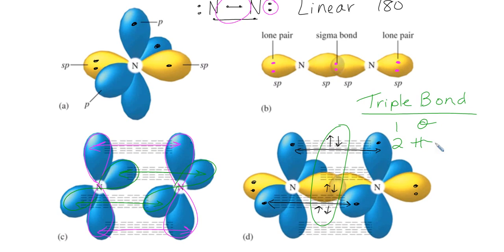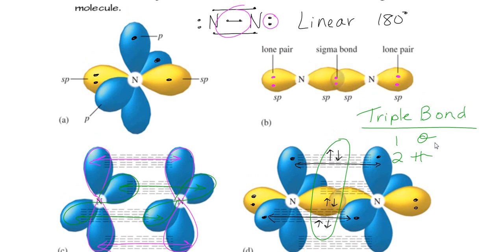So I wanted to do an example with a triple, something like nitrogen. So even if I didn't have all these crazy 3-dimensional orbital pictures to look at, if I had the Lewis structure, I could tell you that there's 1 sigma and 2 pi. Now it's good to have these bubbly 3-dimensional orbital pictures because that really shows me the correct angles and it shows me the shape of the orbitals and the unhybridized p's.